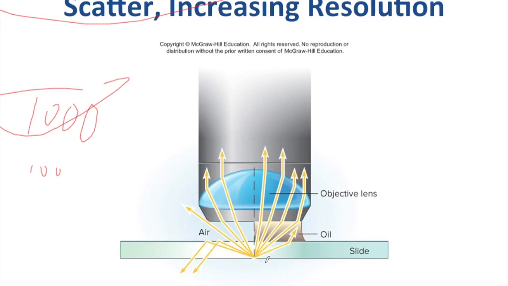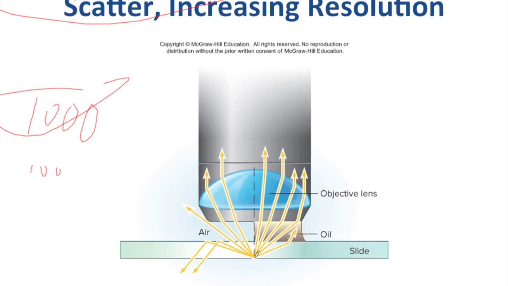Also, since this objective is much closer to the slides, we have to bend the lights to let more light go through to the objective lens.